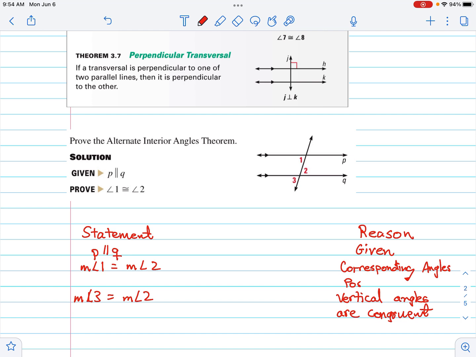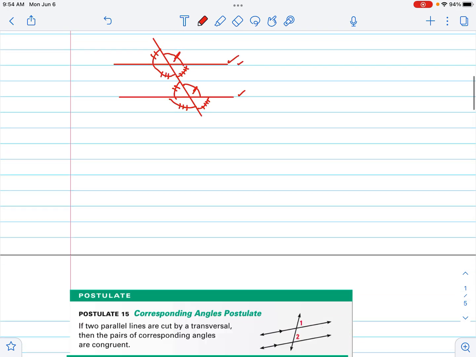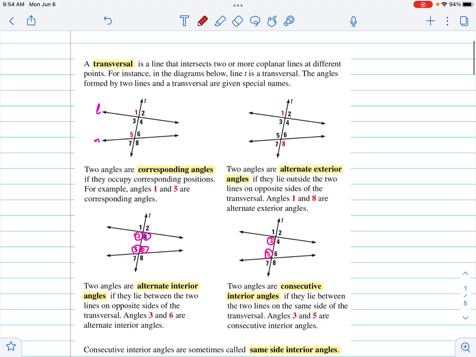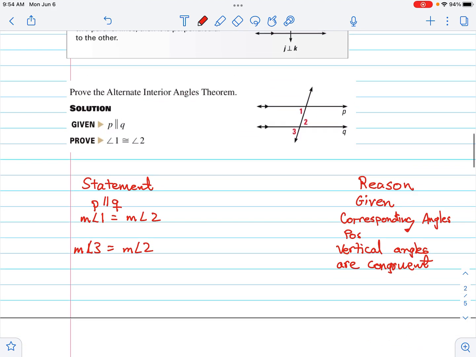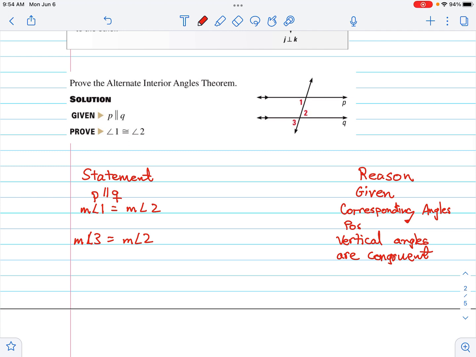Vertical angles are congruent. Okay? And, okay, so now I think we showed that in the last video. So, getting ahead of myself here. Vertical angles are congruent.